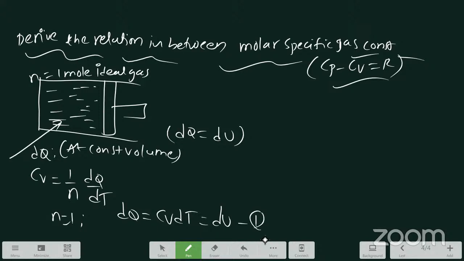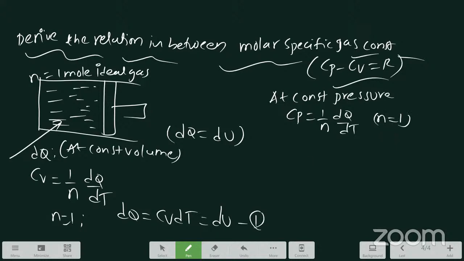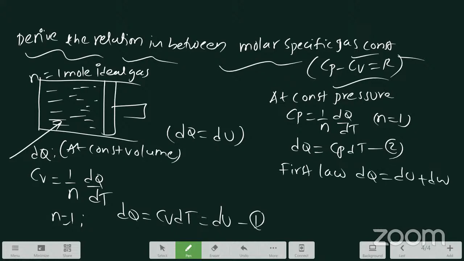Now, here, the same concept we are taking at constant pressure. Cp equals 1 by n into dq by dt. Again, n is equal to 1. dq is equal to Cp dt. Equation number 2. So, student, the first law of thermodynamics: dq equals du plus dw.